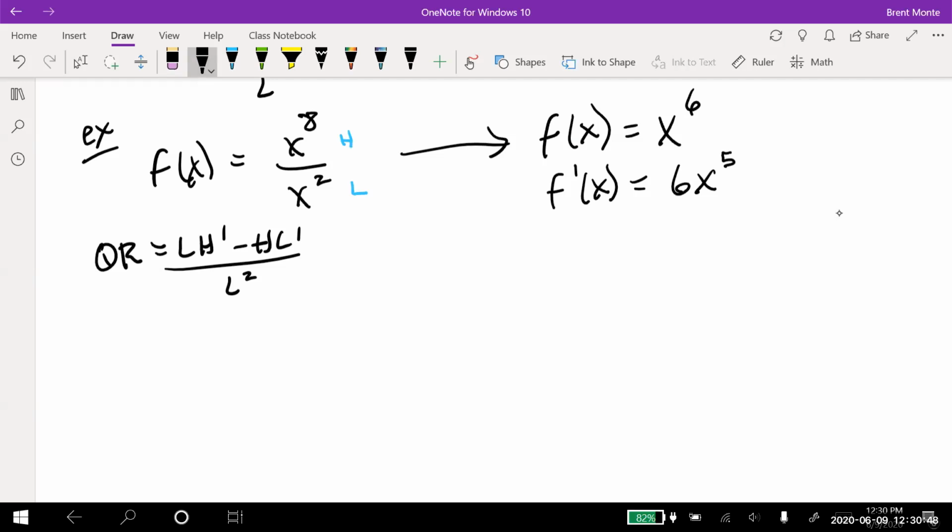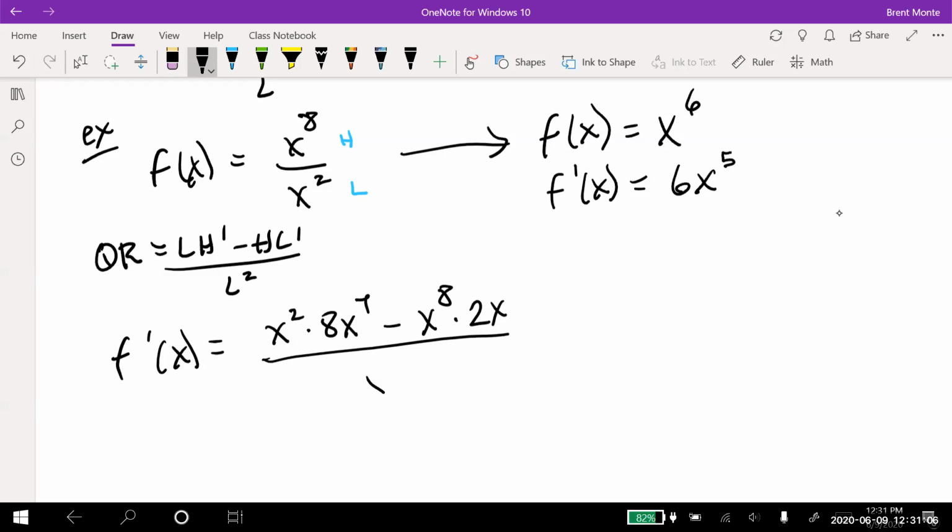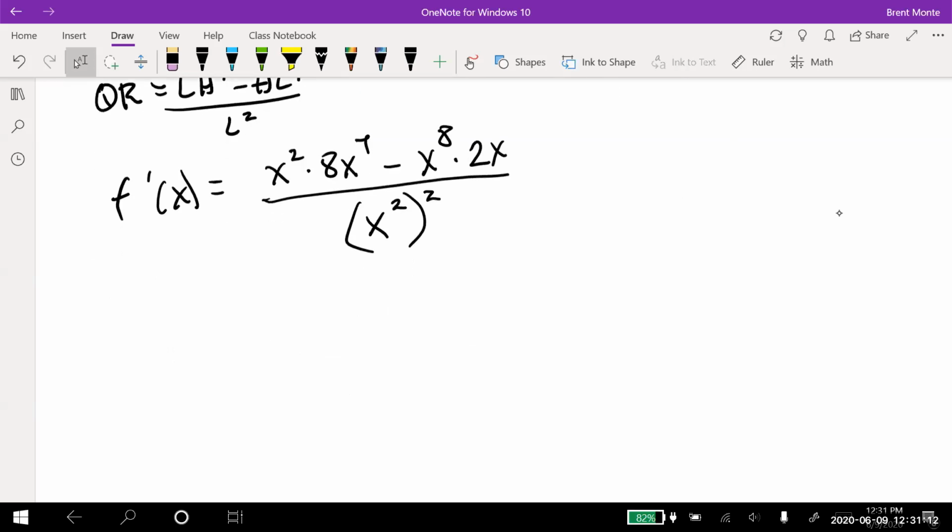So when I do it, I'm going to say, okay, f prime of x, it's low, x squared, times the derivative of high, 8x to the 7th, minus high, x to the 8th, d low, 2x. Square the bottom, and away we go.